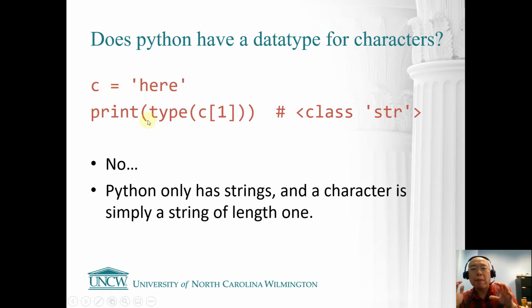I'm asking Python to give me the type of the character e, and then I'm printing that out, and I got class str. So even for just one character, Python still treats it as a string. So the answer is there's no character data type in Python. There's only a string data type. Even if we have a string with only one character, that is still a string.